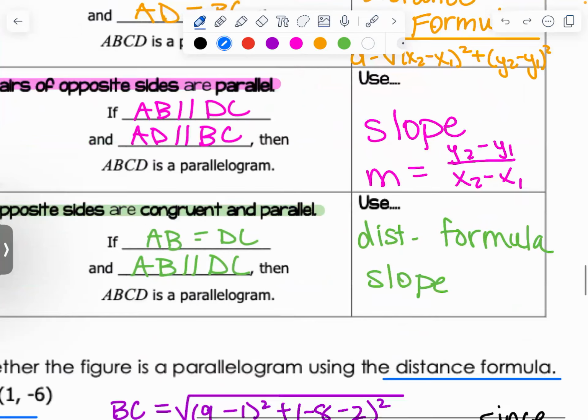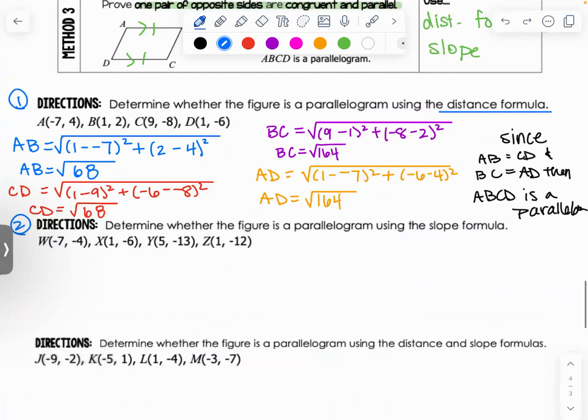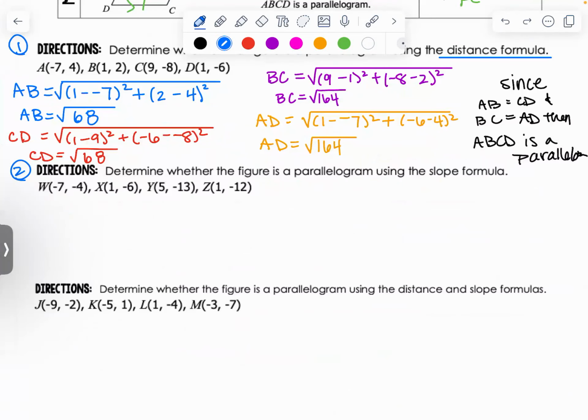Just like we did up there, I want you to find, with your elbow partner, the slopes of WX, YZ, XY and WZ.